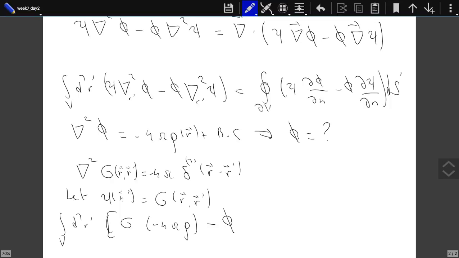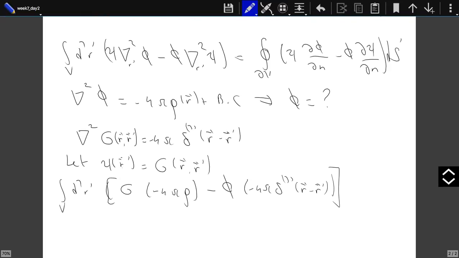Minus phi Laplacian of psi is nothing but minus 4 pi times the Dirac delta. This is the left-hand side. Well, the right-hand side, there is nothing much we can do about that. Over the boundary of the volume, psi is our g, del phi by del n minus phi del g by del n.